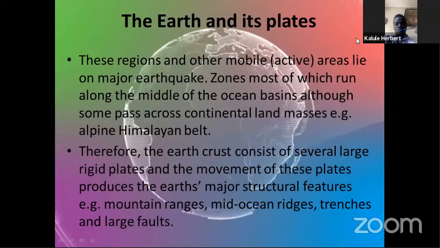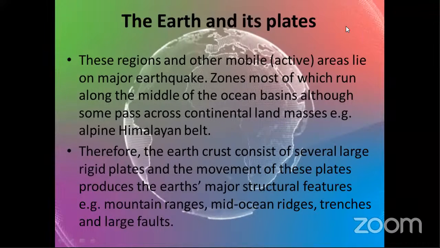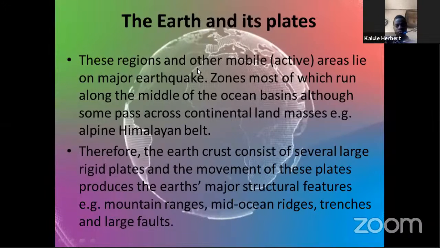For example, the Alpine-Himalayan belt. Therefore, the Earth's crust consists of several large rigid plates, and the movement of these plates produces the Earth's major structural features, e.g., mountain ranges, mid-ocean ridges, trenches, and large faults.